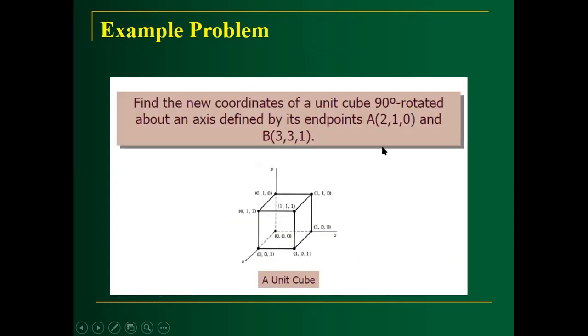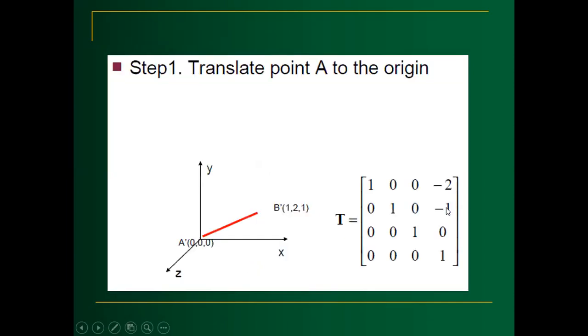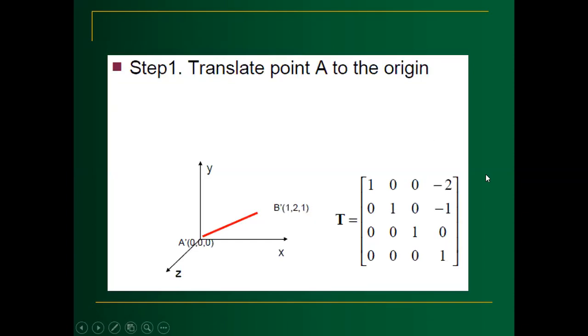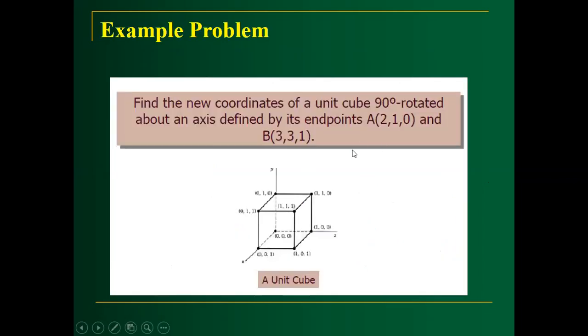You can see here 210. I need to subtract minus 2 minus 1 minus 0. So that is P1 when it was 210. When you subtract minus 2 minus 1 minus 0, it will now come to 0, 0, 0. What about B? B, it was 331.